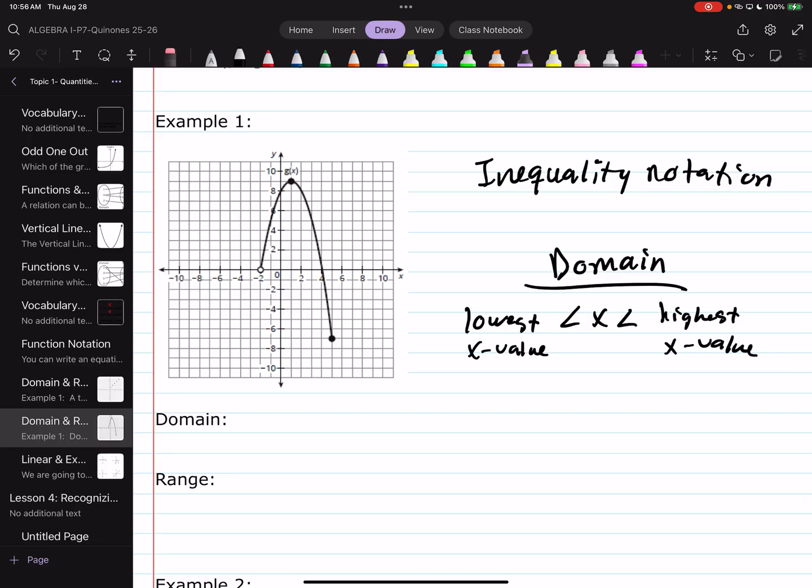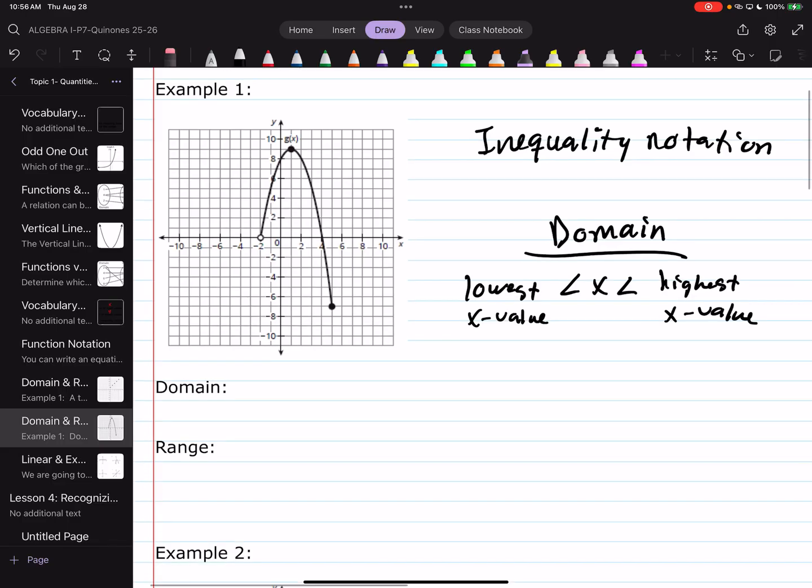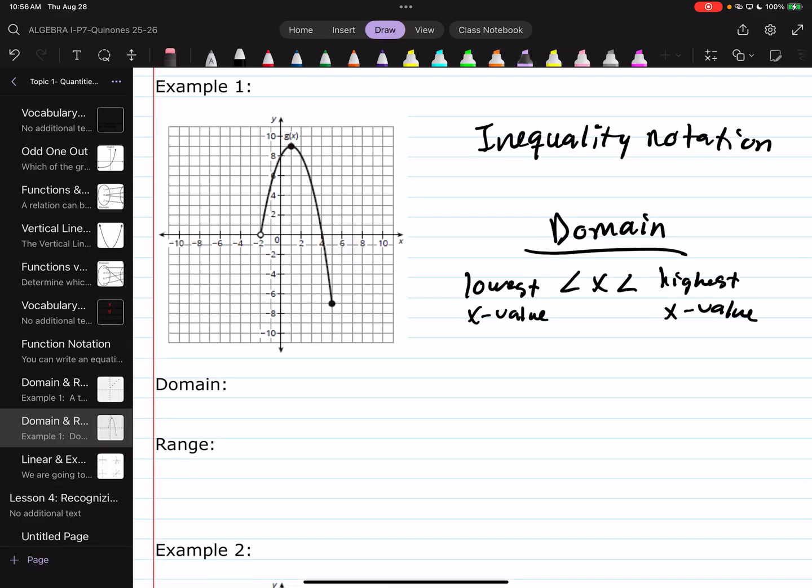So I go from low to high, just the same way that I read a book. This is your skeleton every single time that you write the domain. From there, certain attributes will change this a little bit. And we're going to talk about it. Here we go.